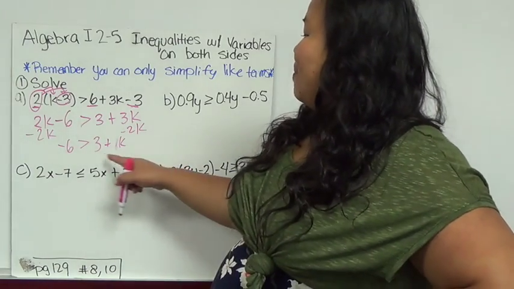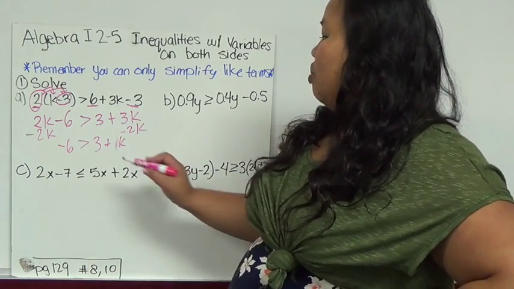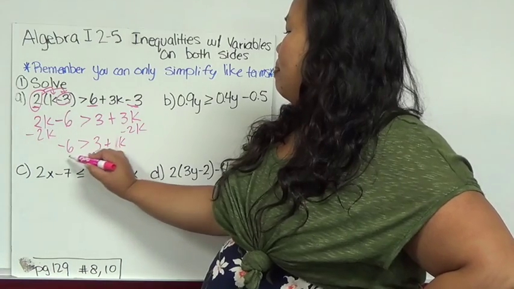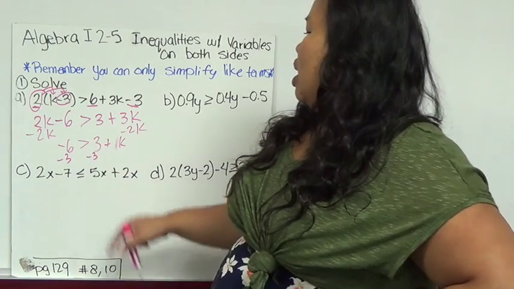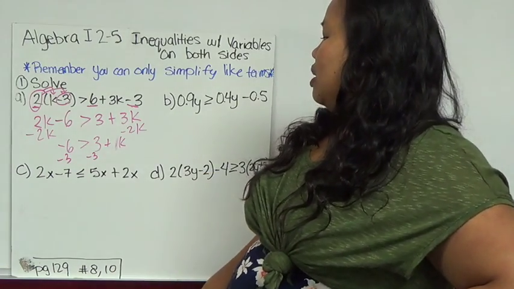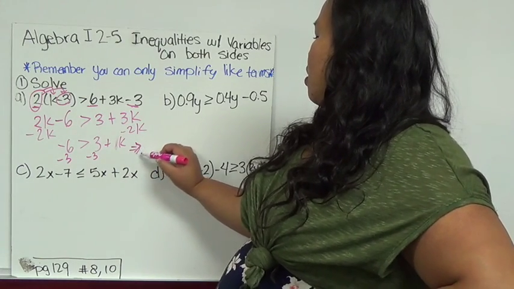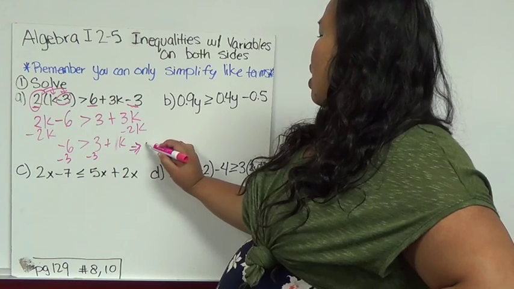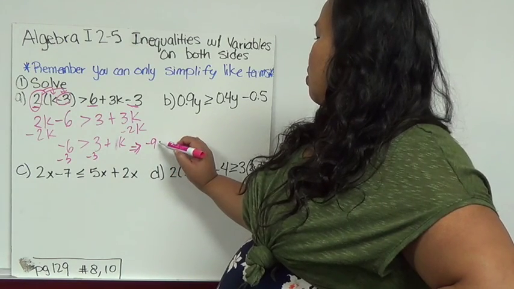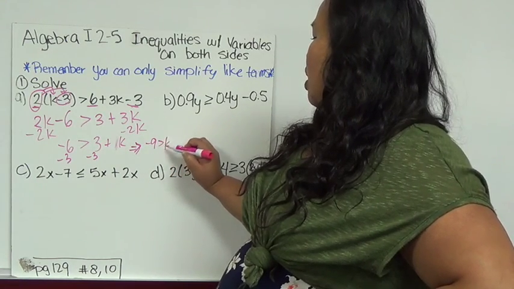So now, the only thing that's stuck to k is 3, so the opposite is minus 3. Negative 6 minus 3 is negative 9. Sorry, I ran out of space. So negative 9 is greater than k.